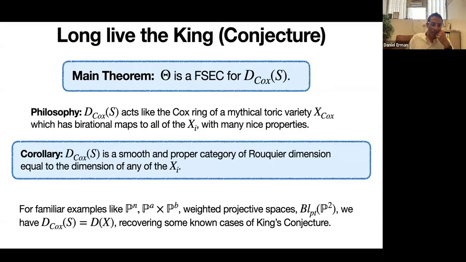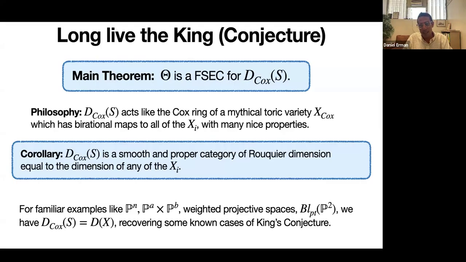Philosophically, what we sometimes think is going on is that this Cox category is like the derived category, I guess there's a typo there, but it's like the derived category of a mythical toric variety, which has a bunch of nice properties.